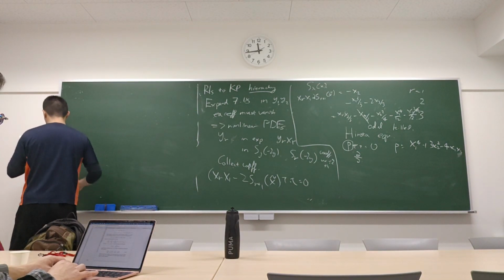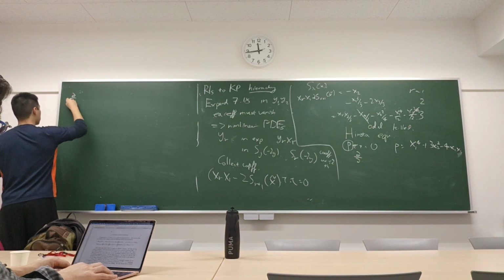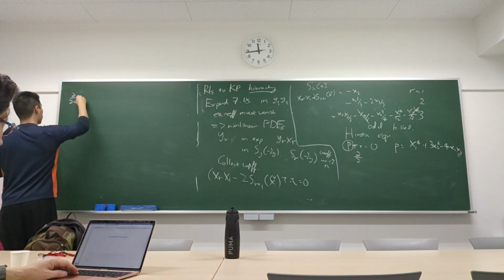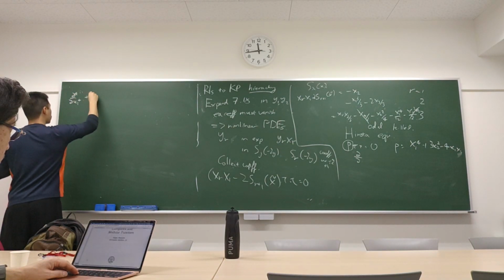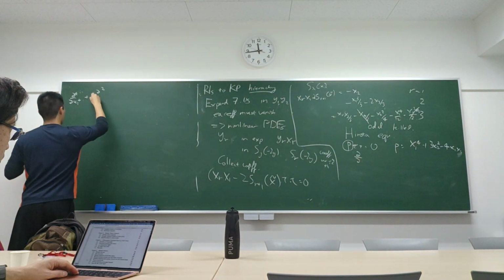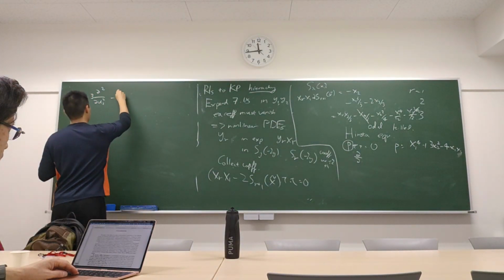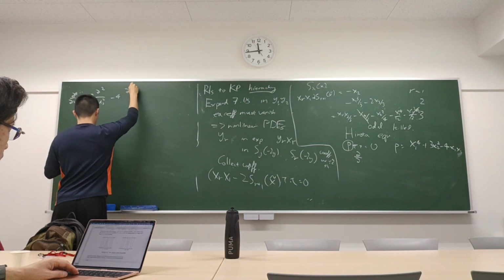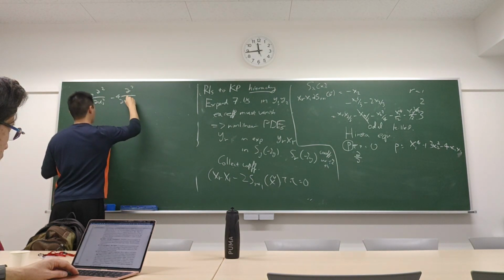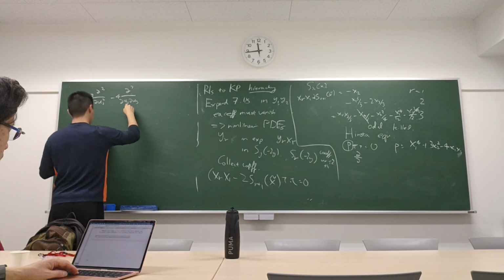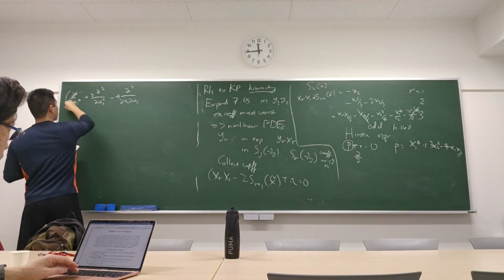we will have del u1 to the 4 plus 3 del squared over del u2 squared minus 4 del squared over del u1 del u3.